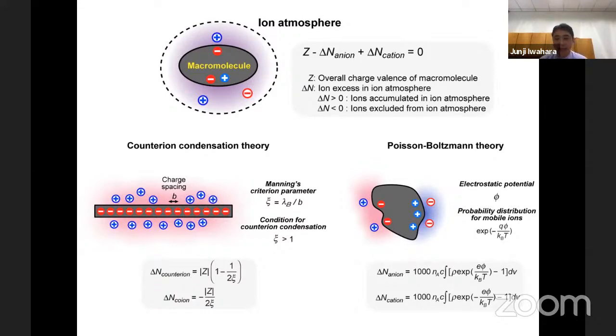And using statistical weight of Boltzmann factor together with subtraction background, you can calculate ion excess for anions and cations separately based on this theory. But Poisson-Boltzmann theory is not perfect. It is an approximate theory, especially for ion distribution near the surface could be not very accurate.